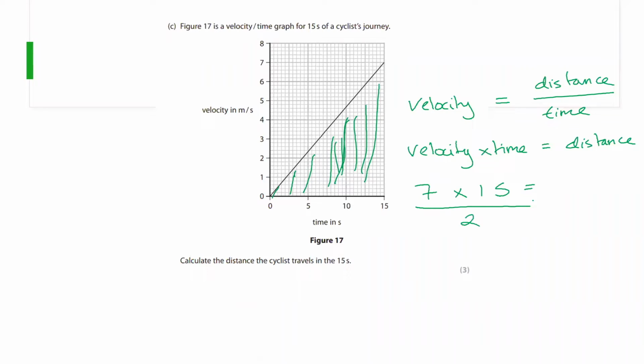So 7 times 15 divided by 2 is 52.5 meters. So it's the area of the triangle, same thing. There's a triangle, so you've got to divide by 2.